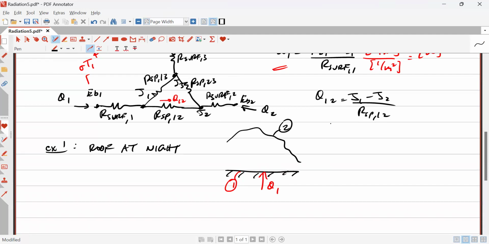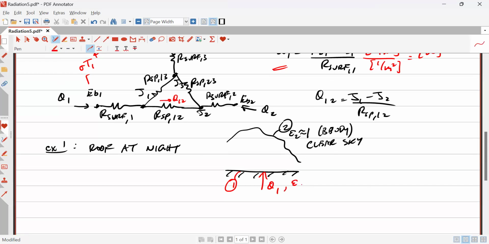And what we're going to say is that way back when we were talking about black bodies, we said the night sky, clear sky, outer space is basically like a black body because it has such a huge depth to it. We'll say the emissivity is roughly equal to 1, so it's like a black body. So we're getting a clear night sky. And then the roof itself, we'll give it some values here.